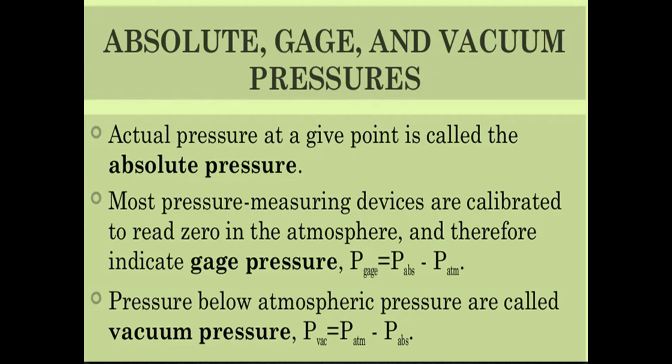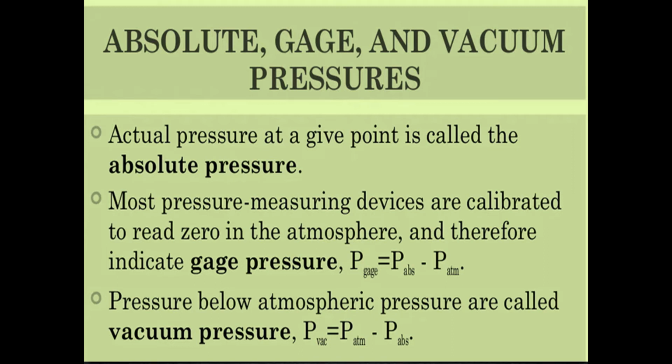So to summarize this, actual pressure at a given point is called the absolute pressure. Most pressure measuring devices are calibrated to read 0 in the atmosphere and therefore indicate gauge pressure. So gauge pressure is equal to absolute pressure minus the atmospheric pressure.